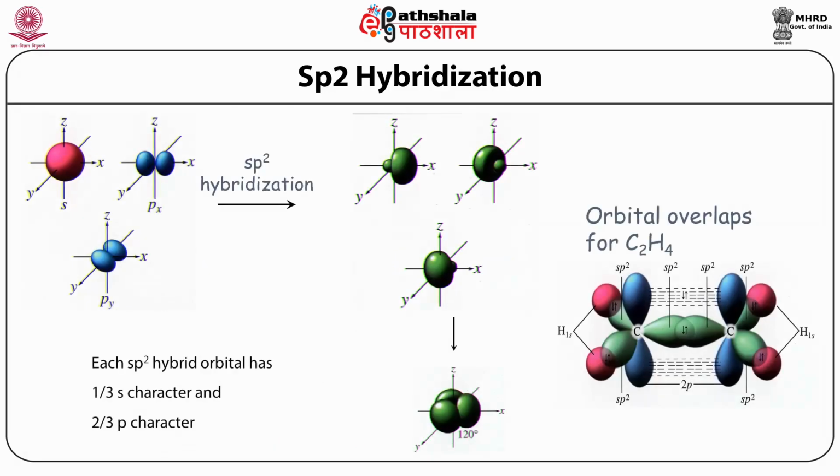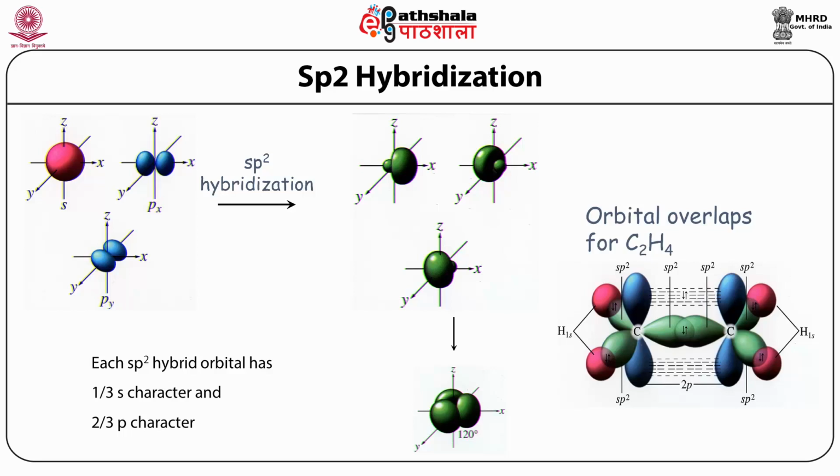So as you can see in this figure, we have a 1s orbital, 2px and 2py orbital, and after Sp2 hybridization they get elongated along a certain direction, and all these are joined together and they are inclined at an angle of 120 degree.